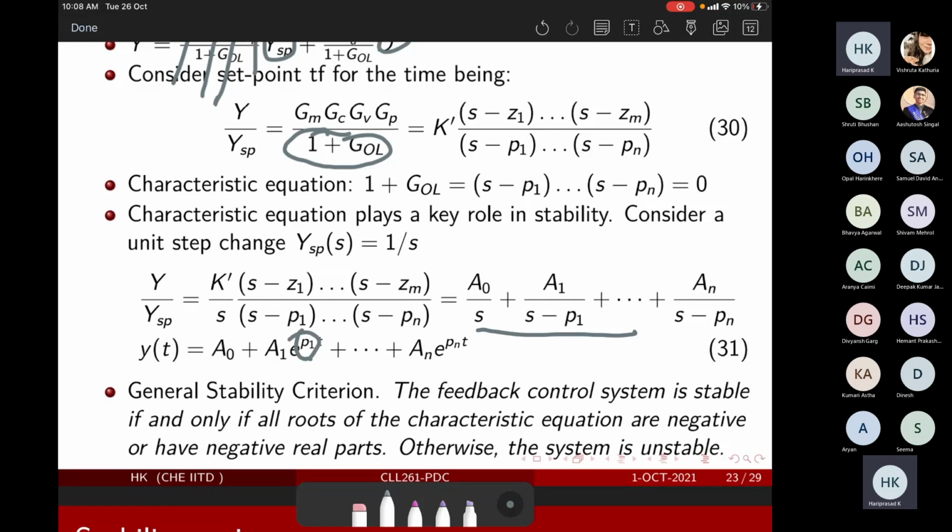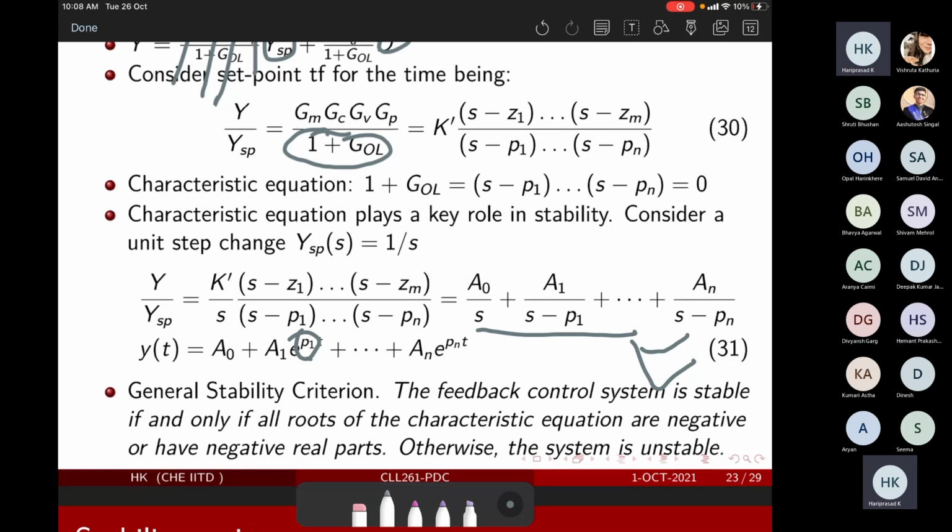Unless p is negative, this is a growing function. If p is negative, it is a decaying function. So you have to look at whether p1 to pn are negative, because if positive, it's an exponential function and will always grow. But if negative, as we have always seen with first order characteristics, it is decaying.